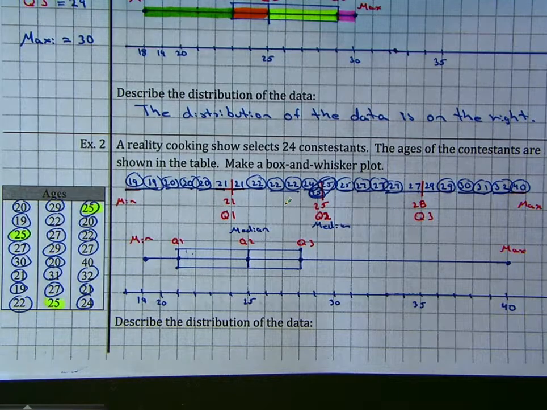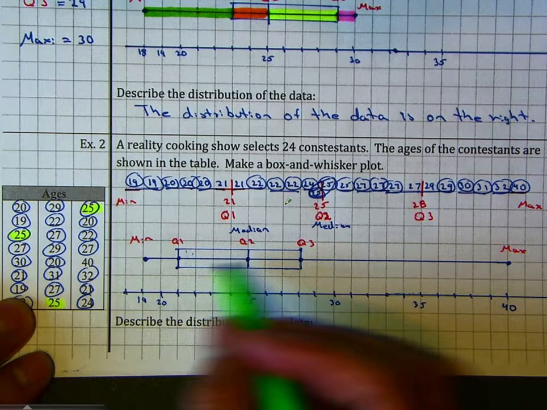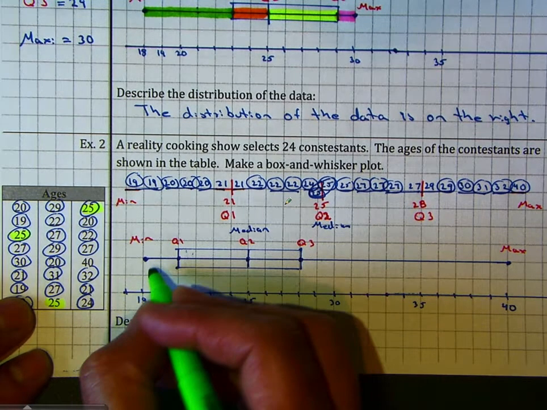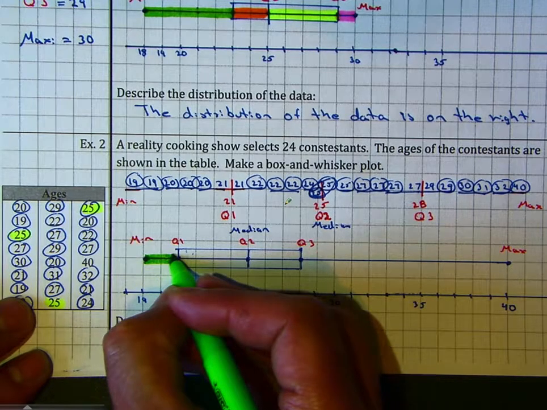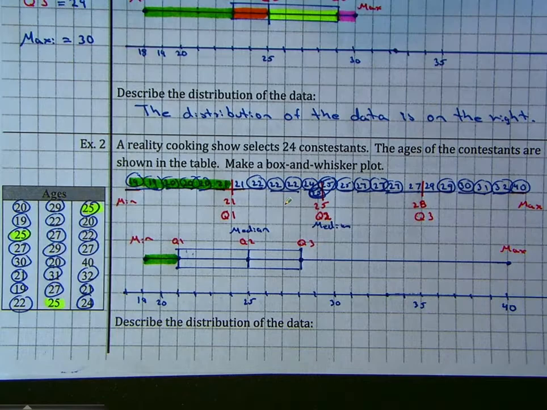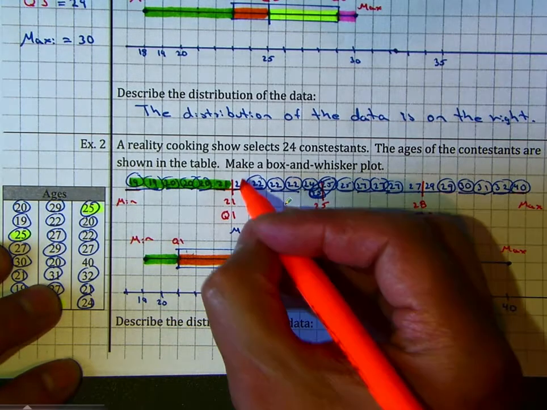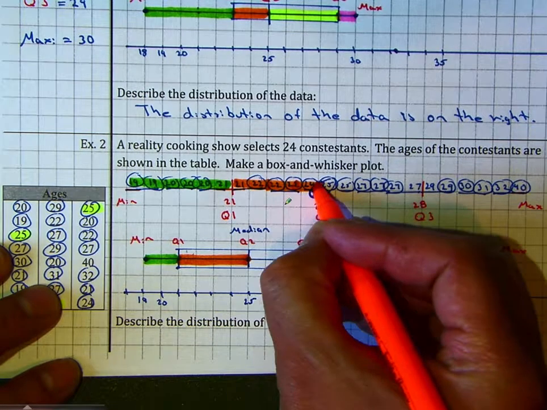So something to remember is the distribution is in 4 sections. So even though this seems to be the smallest one, this one has 2, 4, 6 numbers. On the next one, it seems to be a little bigger. It also has 2, 4, 6 numbers.